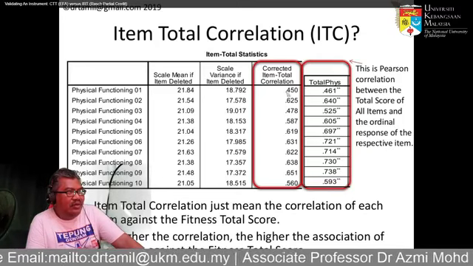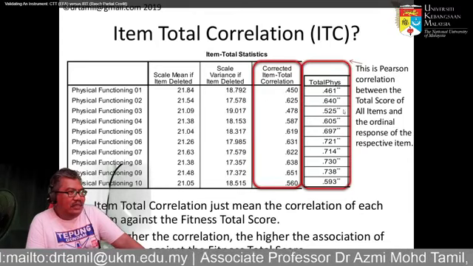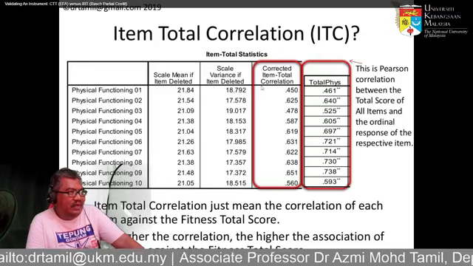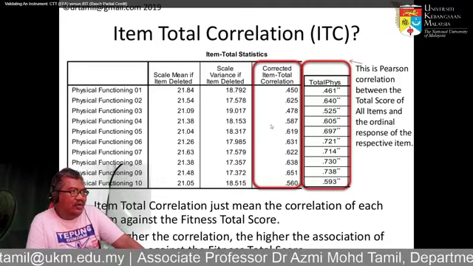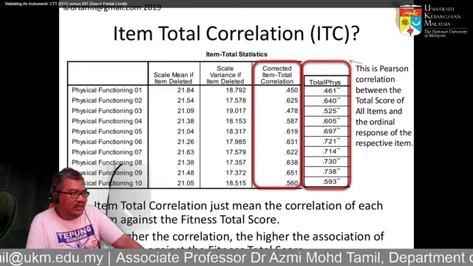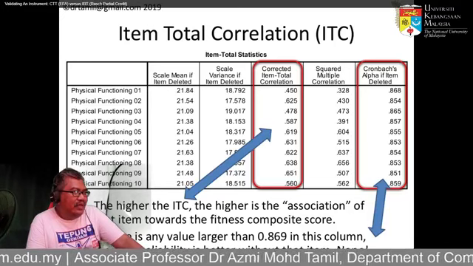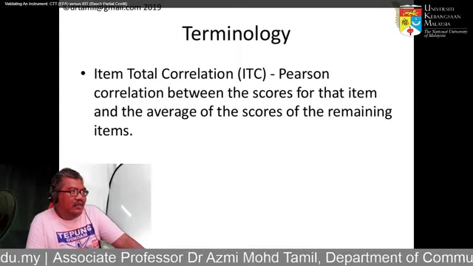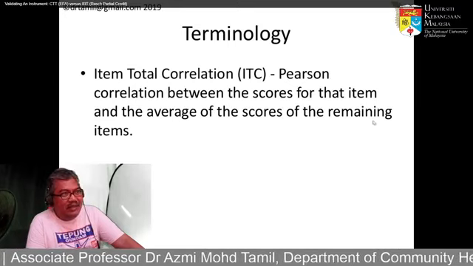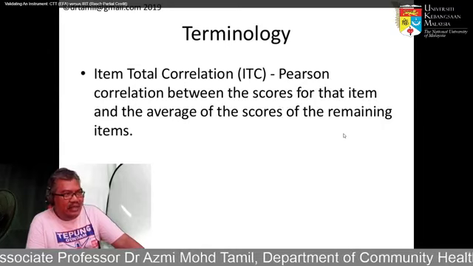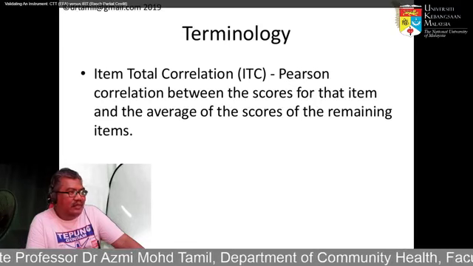For the corrected item total correlation, as mentioned earlier, it is the Pearson correlation between the scores for the item and the average score of the remaining items. So you got 10 here. The 9, what is the score like? That is the meaning of that.